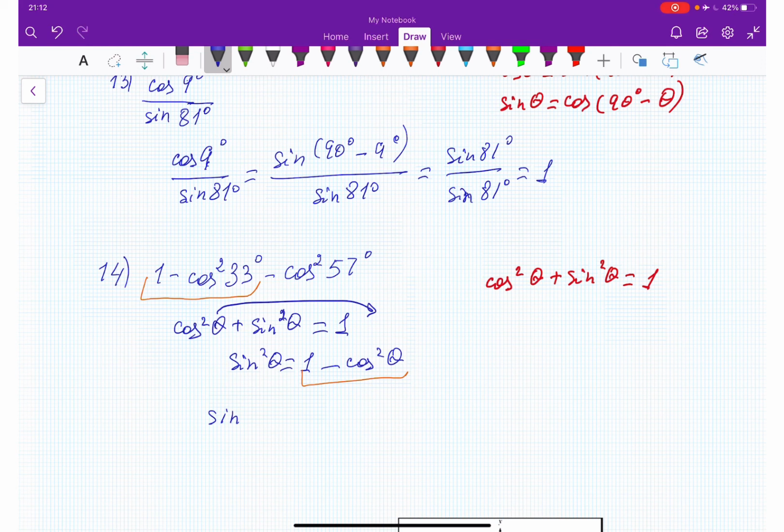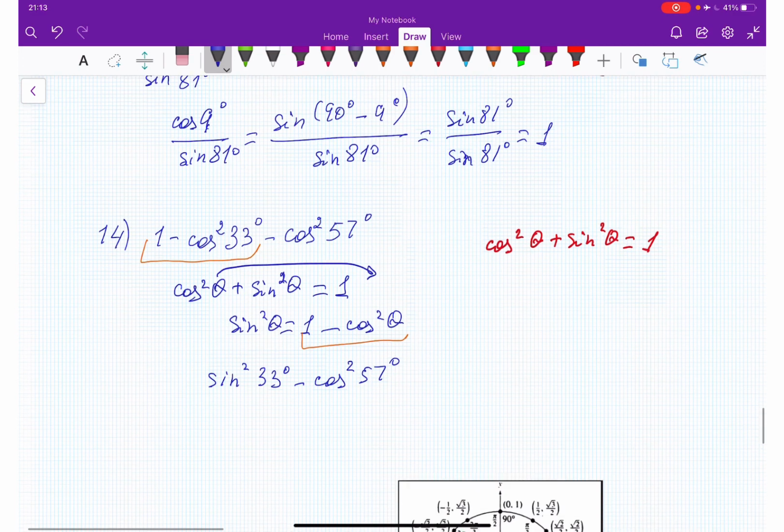Which means we get sine squared 33 degrees minus cosine squared 57 degrees. Okay, so 33 plus 57, does it make 90? Yes, it does. So we can apply the complementary angles theorem, right?